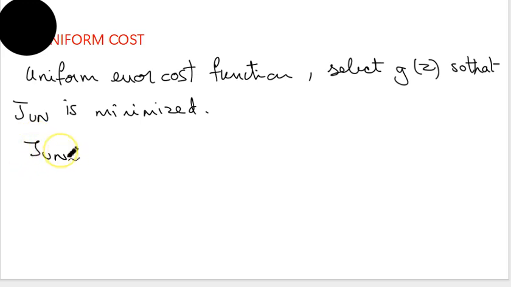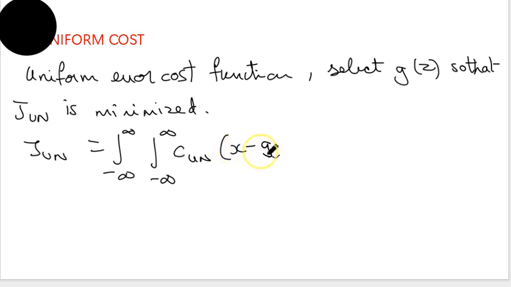Here our J_UN is given by the double integral from minus infinity to infinity of C_UN of x minus g of z into p of x comma z into dx into dz. So we need to minimize this.